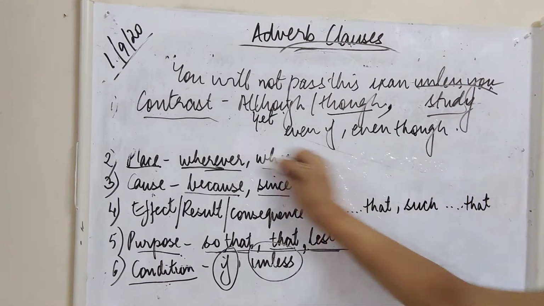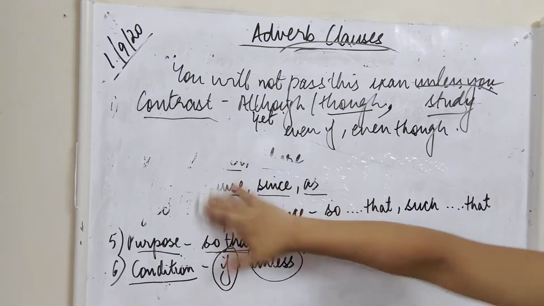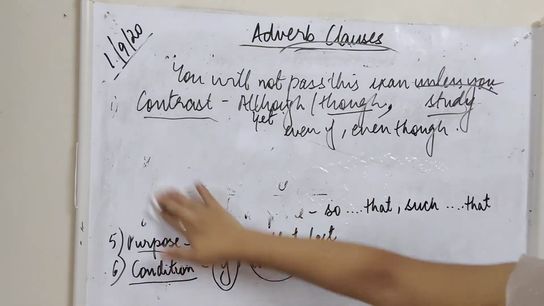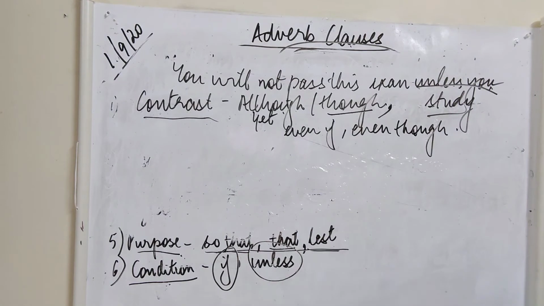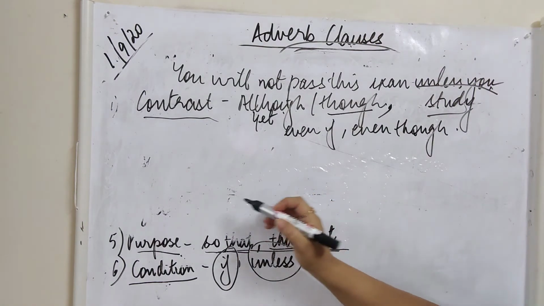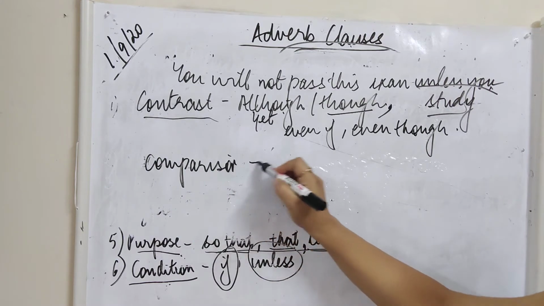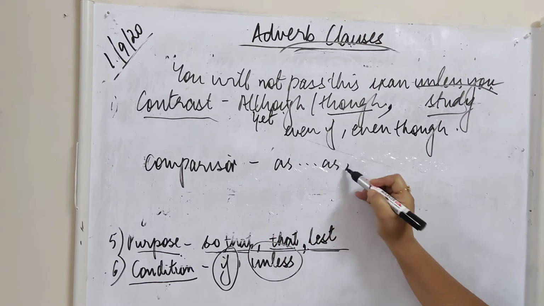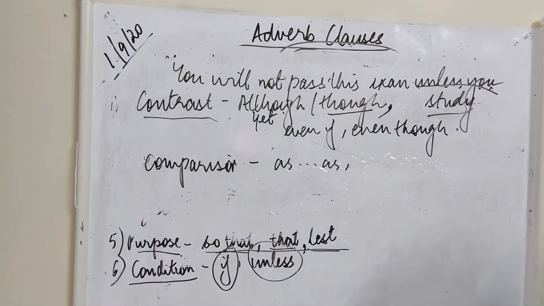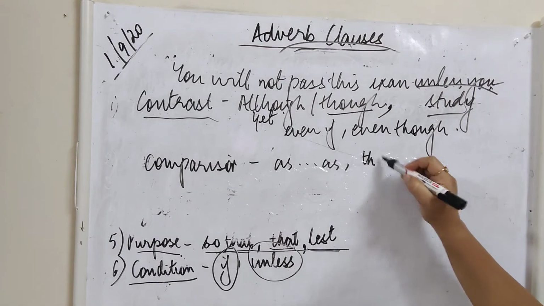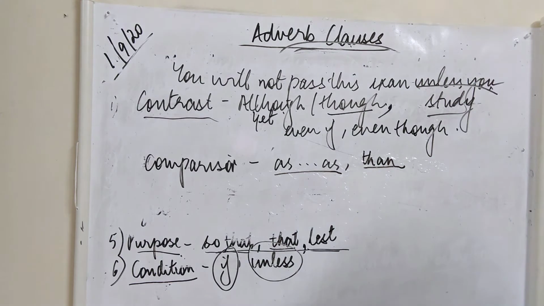Then adverb clause of comparison. Comparing two things, we use as and as. Like, he is as sharp as he is hard working, or he is older than he looks. So as and as, or than, can be used to identify the adverb clauses of comparison.